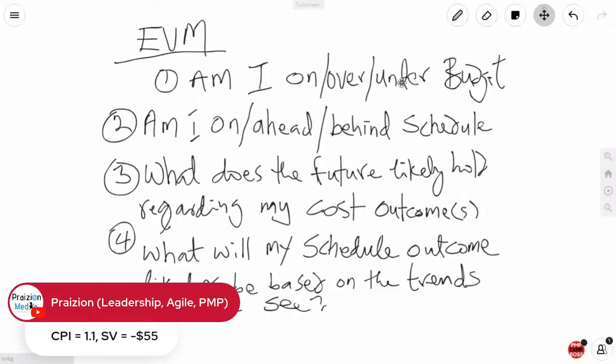And from a schedule perspective, you're behind schedule, which is not good. Now, we can't say, oh, it's only $55 behind schedule. What if your project is a $75 project? Then this is very bad. You get what I'm saying? So you have to put this in context for your exam in 2025.